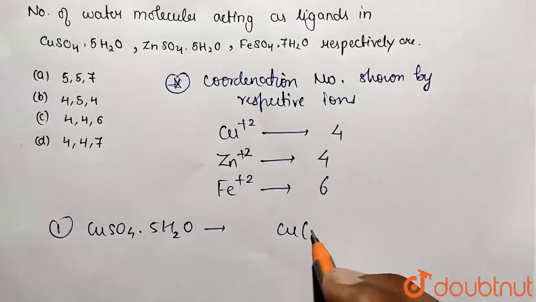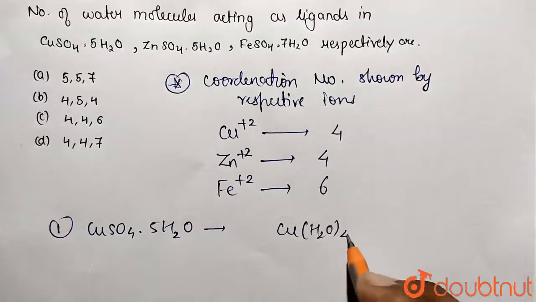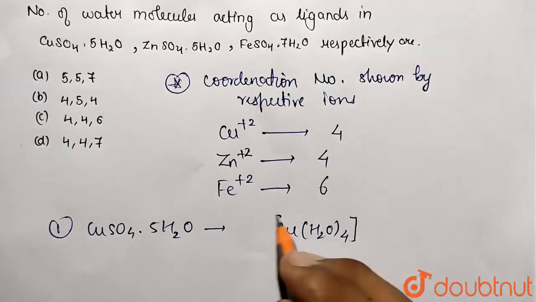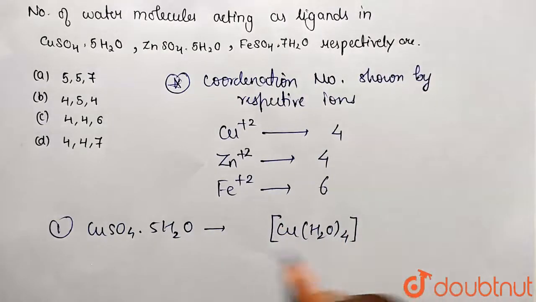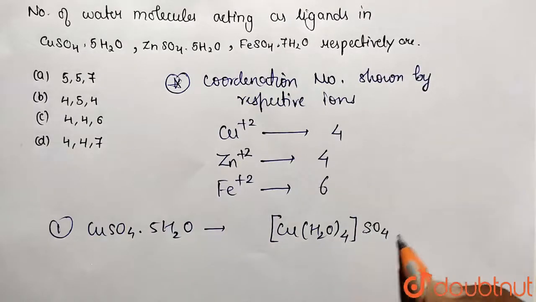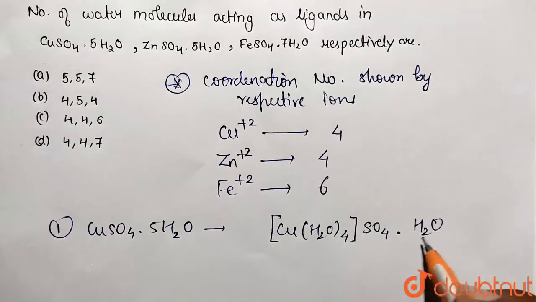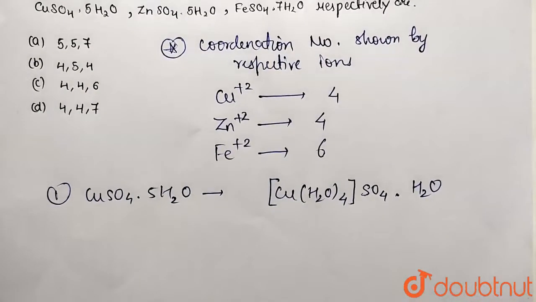So Cu with 4 water is the coordination part, and the rest are outside the coordination sphere. Sulfate will be the ionic part, and the remaining water is present outside.